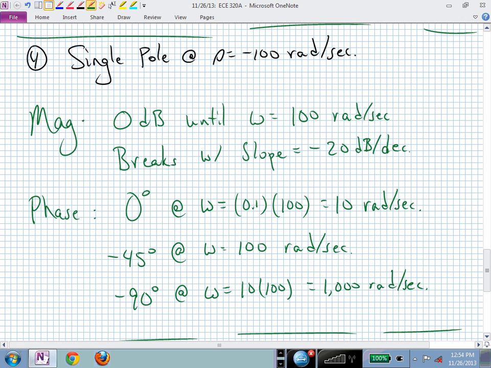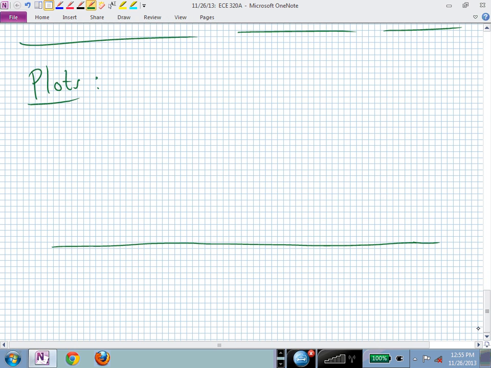So if we just hit those 2 extremes, we would be plotting our frequency axis from 10 to the minus 2 up to 10 to the third, or 0.01 up to 1,000. But let's go ahead and expand that a decade on either side. That's now going to give me my frequency axis. I said I needed to be at least 10 to the minus 2.